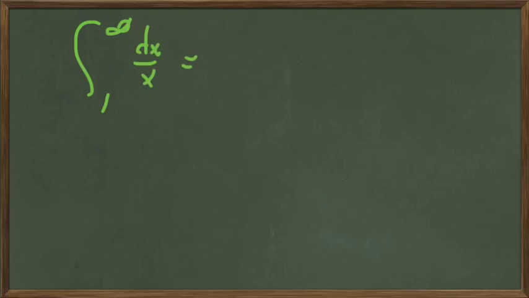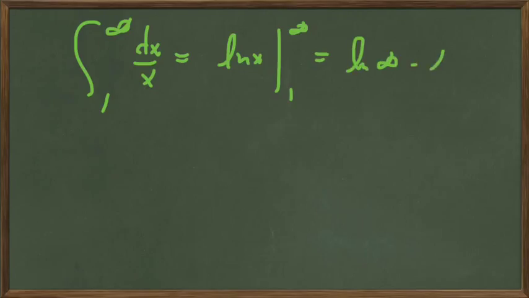So we've got the integral between 1 and infinity of dx over x. That is ln of x between 1 and infinity, and that's the same as ln of infinity minus ln of 1. Sometimes we would write this as a limit: ln of m as m goes to infinity, the limit as m goes to infinity.